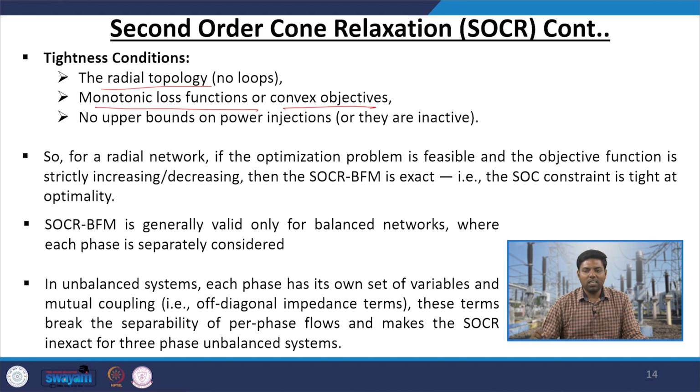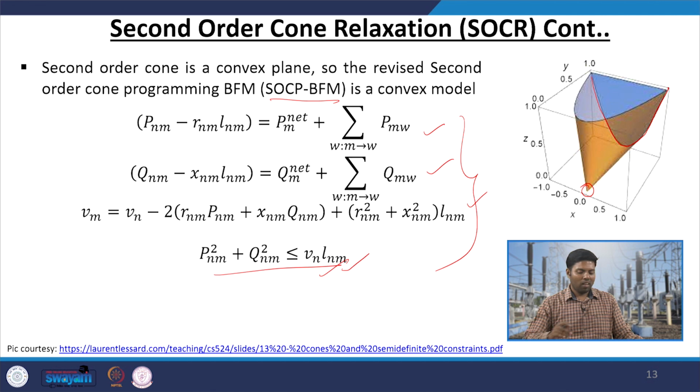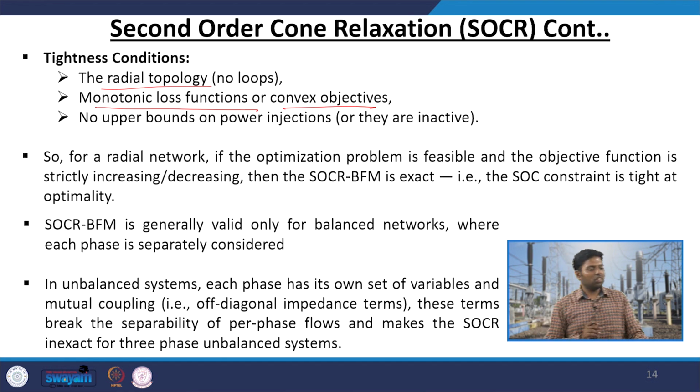That means that itself is not a non-convex thing. That has to be a convex function. If your objective function is non-convex, then with this also you cannot secure a unique solution. But if your objective function is convex and you impose this relaxed model, then your relaxation will be tight. That means you will get the exact solution.